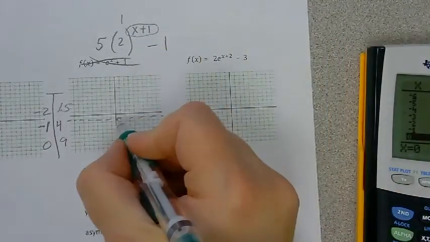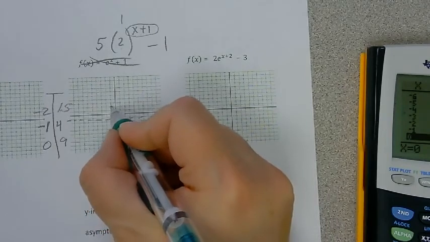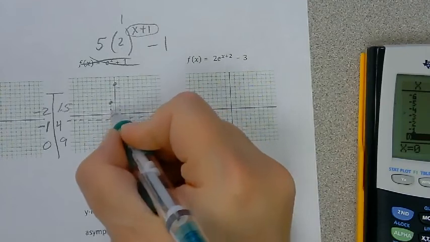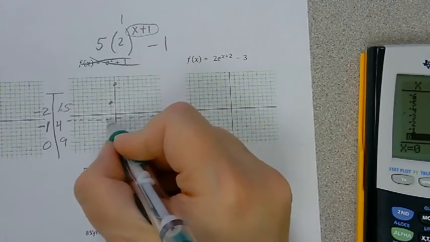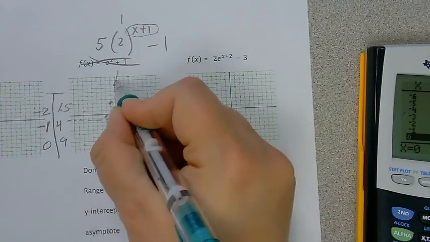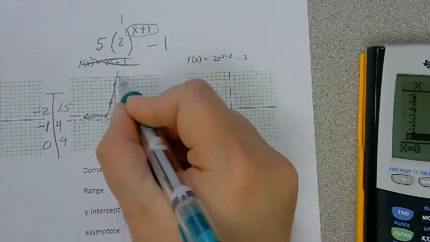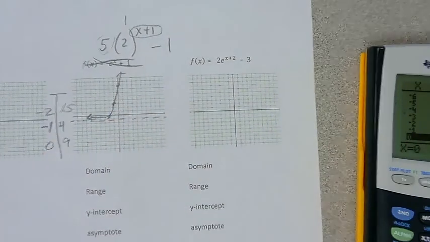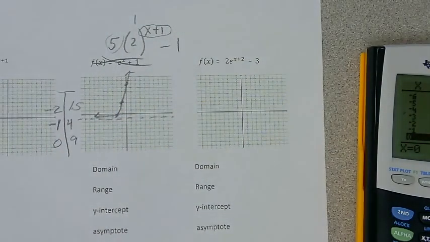So then I plot those: (negative 1, 4), (0, 9), and (negative 2, 1.5). So that thing is stretched quite a bit because of this 5 right here, and it's a growth because of that 2. You're going to want to use a graphing calculator or Desmos to find your tables.